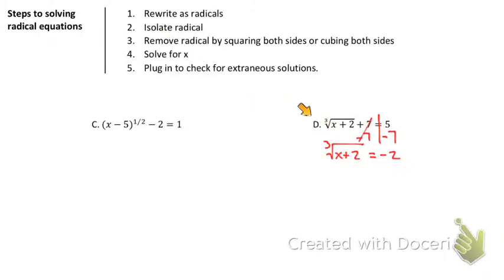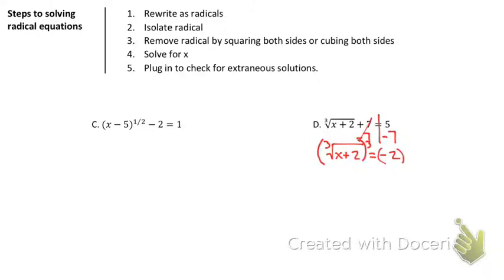We're going to remove the radical by either square rooting if it's a square, or squaring or raising to the power 2 if it's a square root, or cubing both sides if it's a cube root. Since we have a 3 here, that means it's a cube root, which means we have to cube both sides or raise it to the power of 3. Remember, powers get rid of roots as long as the powers match.